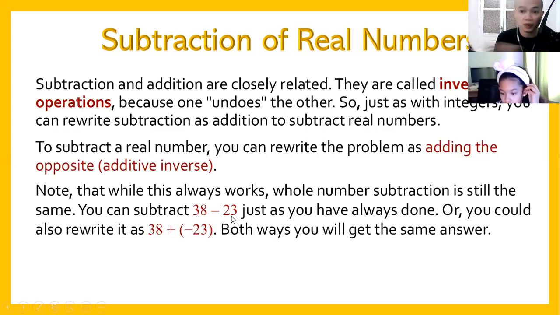You can just subtract right away. But if the first number is smaller, this is where you follow how to subtract real numbers. Or you could also rewrite it as the rule says. So 38, change the operation to addition, and then change to the opposite of positive 23. That's negative 23.